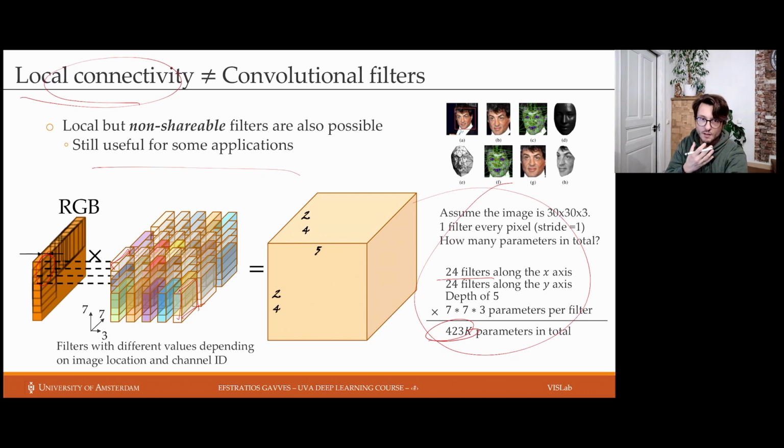For instance, when we have registered faces or in some sort of medical application, one can imagine that particular locations will have specific features like eyes or nose features or mouth features. Now, that is not to say that you should not share parameters for these applications. It's only to motivate when non-shared weights might actually make sense.